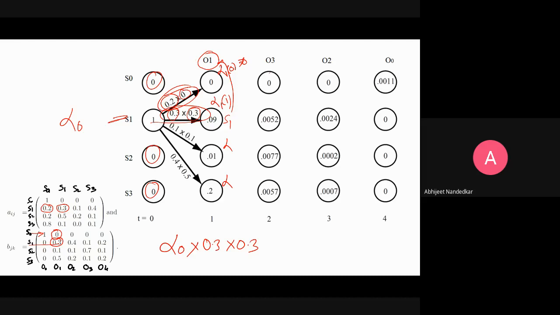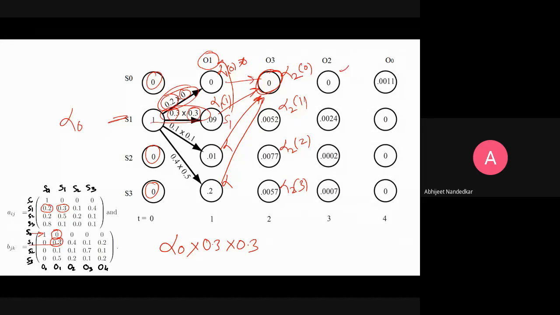Now when I go to the next step, I will be using these previous alphas to calculate the next alpha for this node. So this will be alpha 2 for state 0, alpha 2 for state 1, alpha 2 for state 2, alpha 2 for state 3.